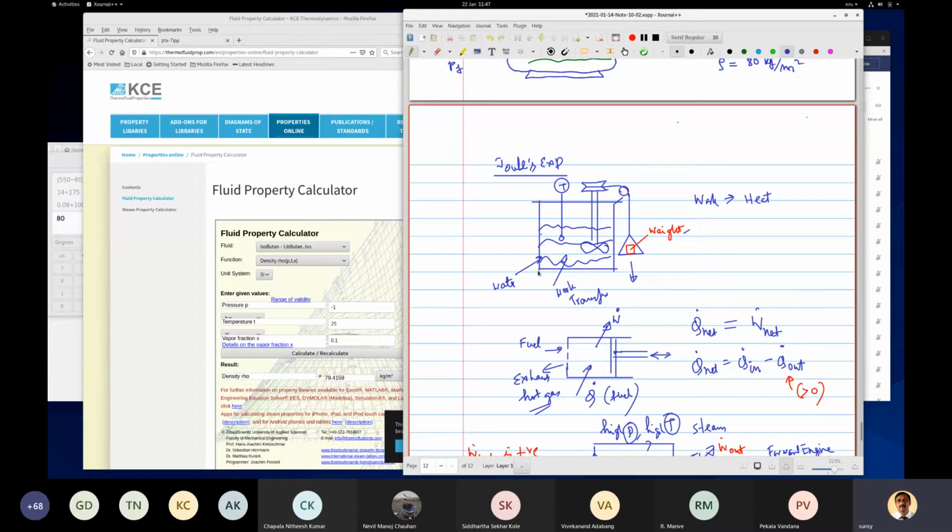You can initially insulate it. If you insulate it and have work transfer, this work transfer is taking place because this potential energy is being lost. That energy is being fed to run the stirrer, and so work input is there.